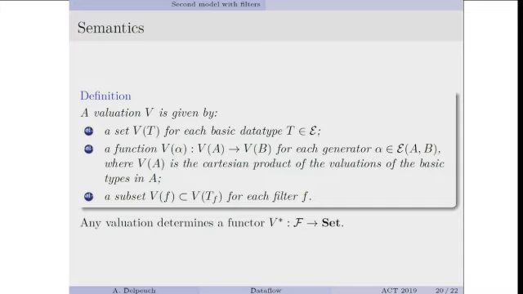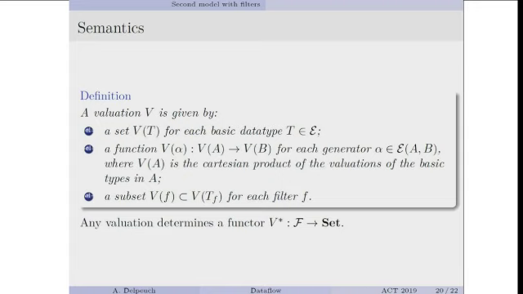Then you interpret an operation as a function on the appropriate sets. And a filter is interpreted as a subset of the type of value it filters on. If you have this data, then that generates a functor from my model to Set, which takes a workflow and interprets it as the function it executes.